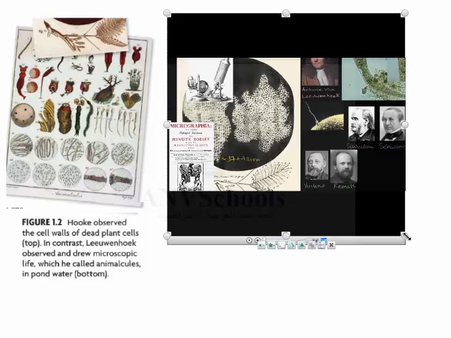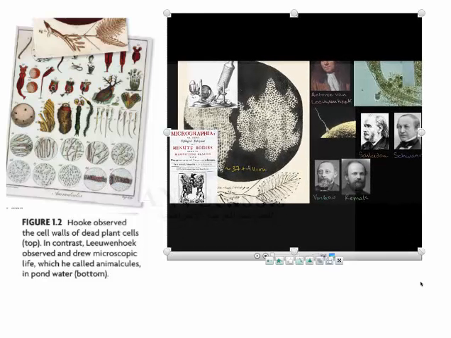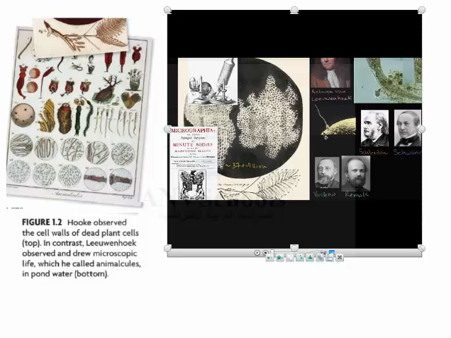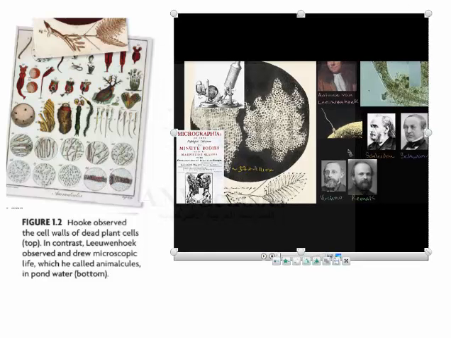And what did he really come up with? Anton van Leeuwenhoek was the one who looked at the droplets of water, and he came up with the animalcules. He was the first to see moving organisms with a microscope.